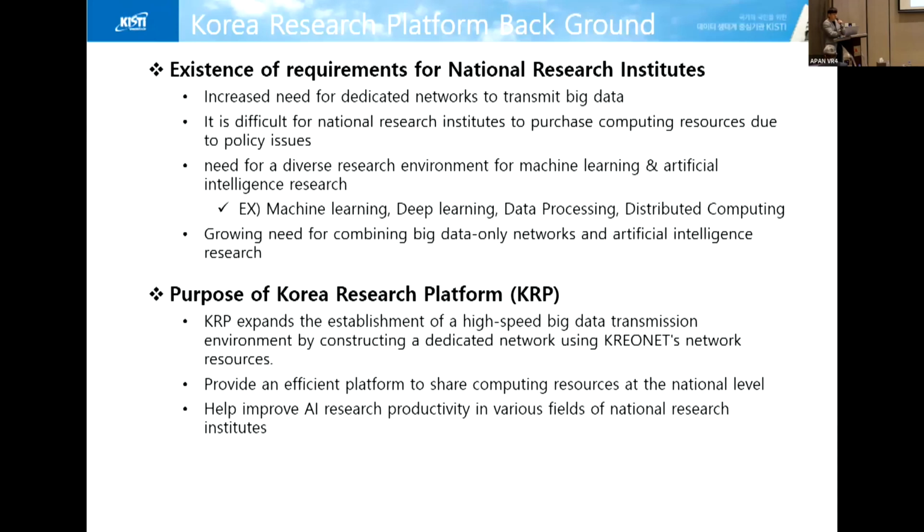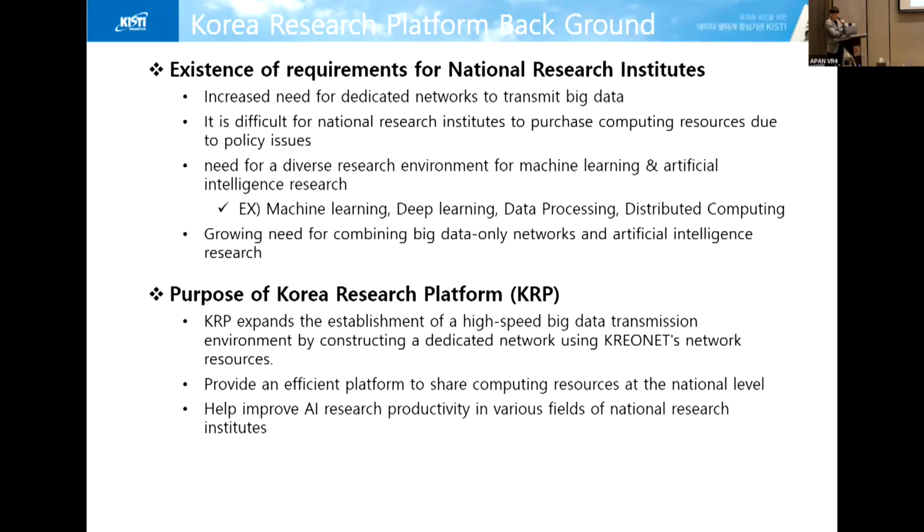There are various users and groups in KREONET. Recently, various groups are requesting platforms and infrastructure for big data and AI. In fact, there are still institutions that exchange data using disk copy for big data transmission.